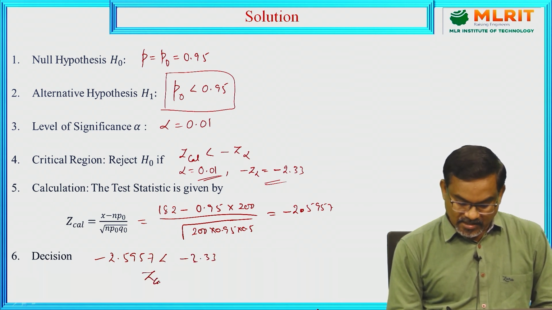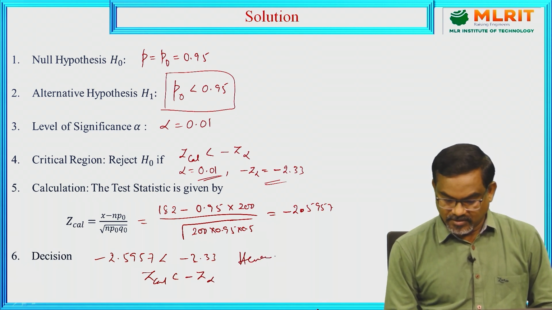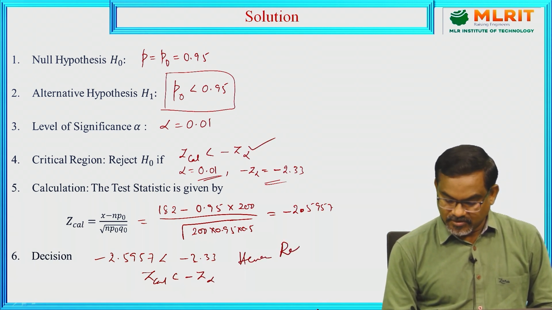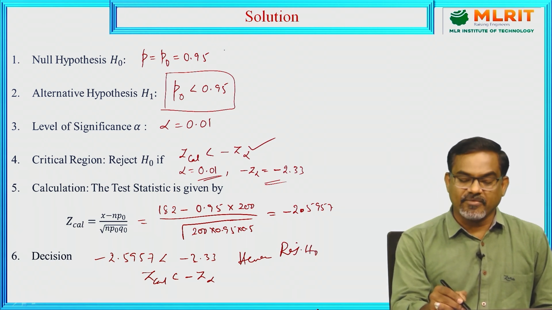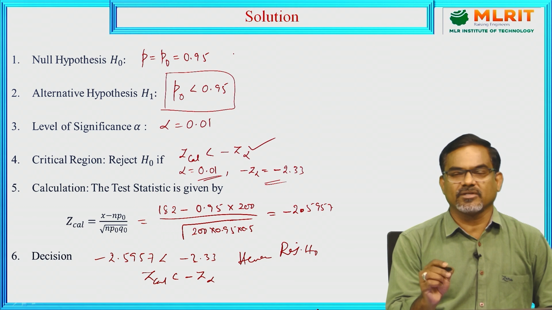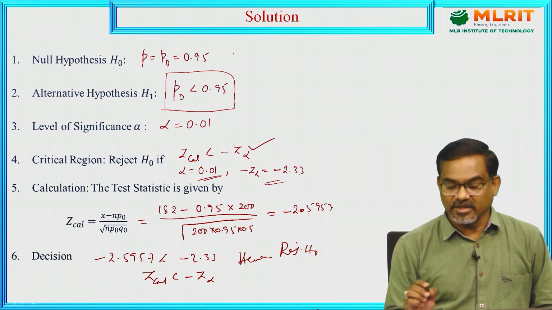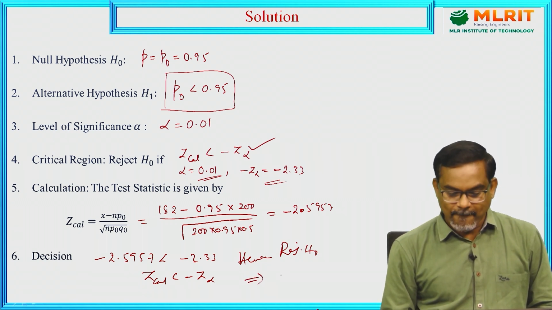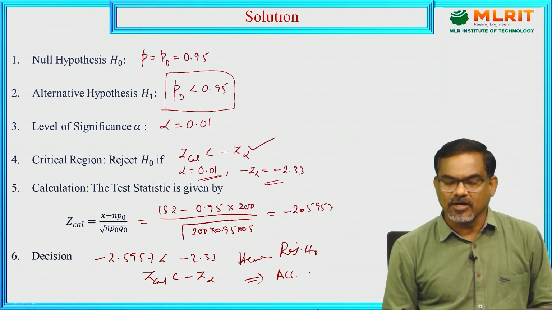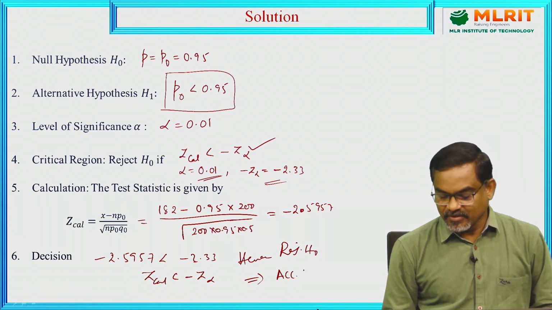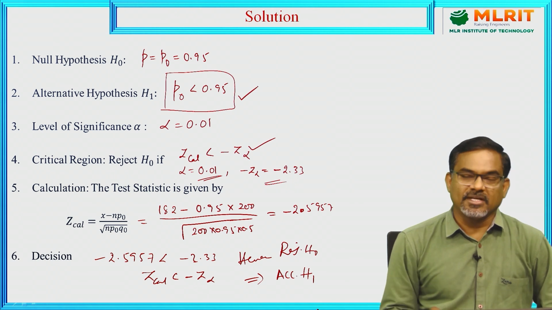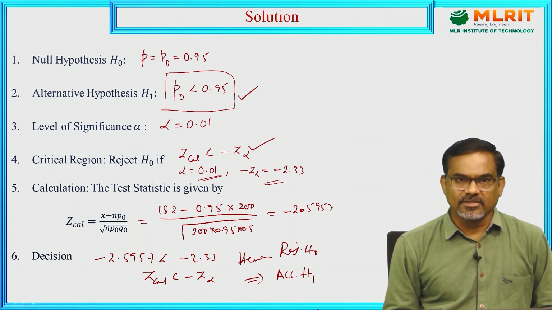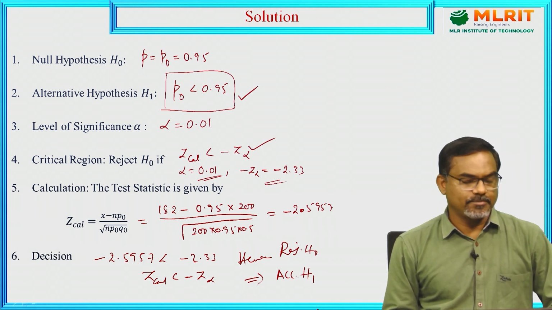So, Z calculated is less than minus Z alpha. Hence, the condition is satisfied. So, reject H naught. That means we reject the manufacturer's claim that 95% of his stabilizers are under ISI specifications. If we are rejecting H naught, it itself means we have to accept H1. So, less than 95% of his product is with ISI specifications.